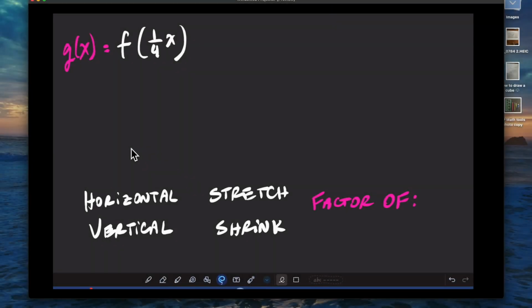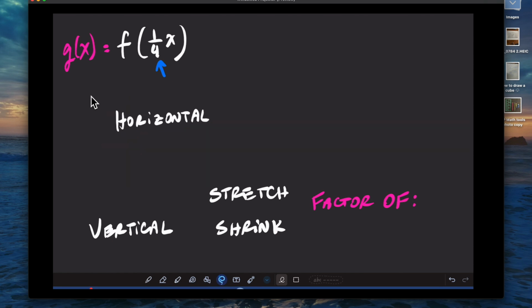Let's look at our first example. This is a theoretic transformation, meaning we're given f of x, and the new transformed function is f of 1/4 x. First thing you do is recognize that this factor is inside, so this is an inside guy. Whenever you have an inside guy, you're dealing with horizontal stretches and shrinks. So let's go to our word bank and pull out the word horizontal.